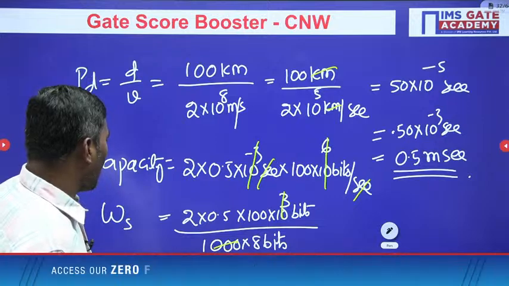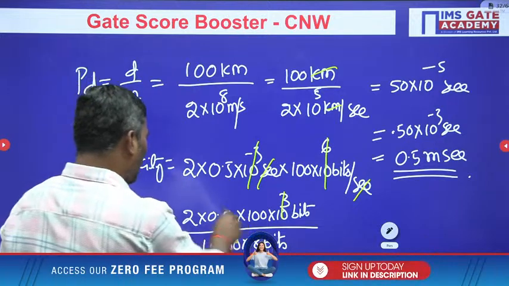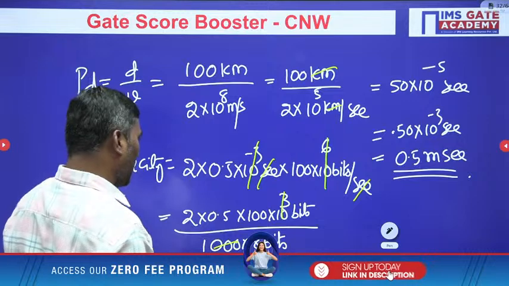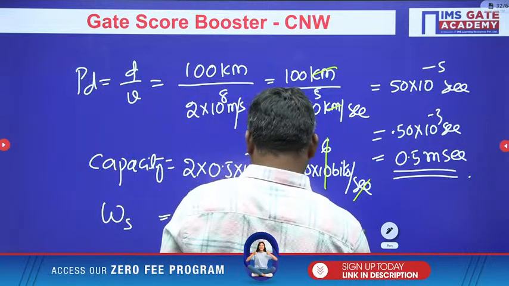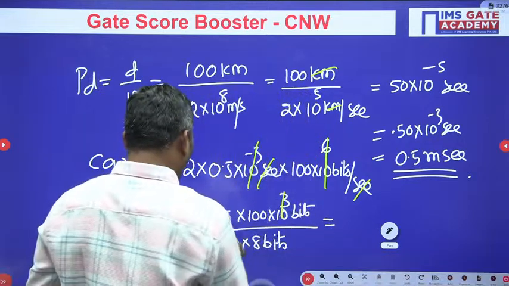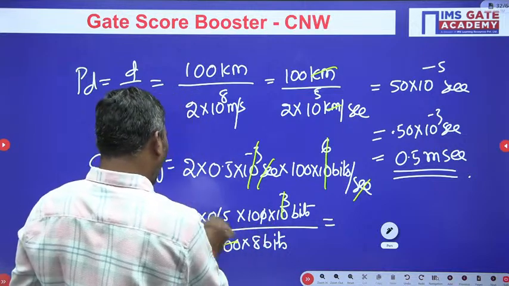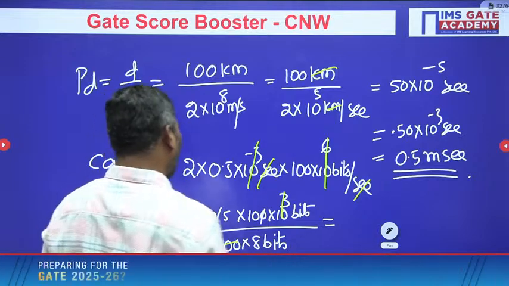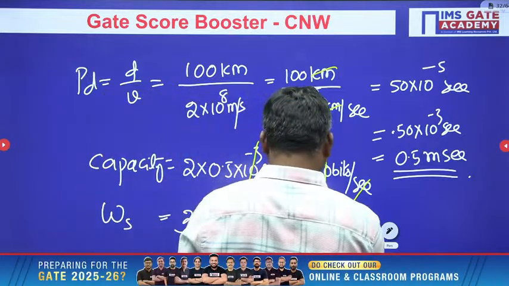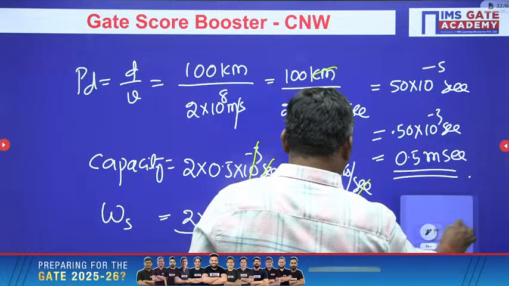So 0.5 here, 50, 100 by 8. Am I right, all of you? So 1 point gets cancelled, 5 to the 10, 100 by 8.